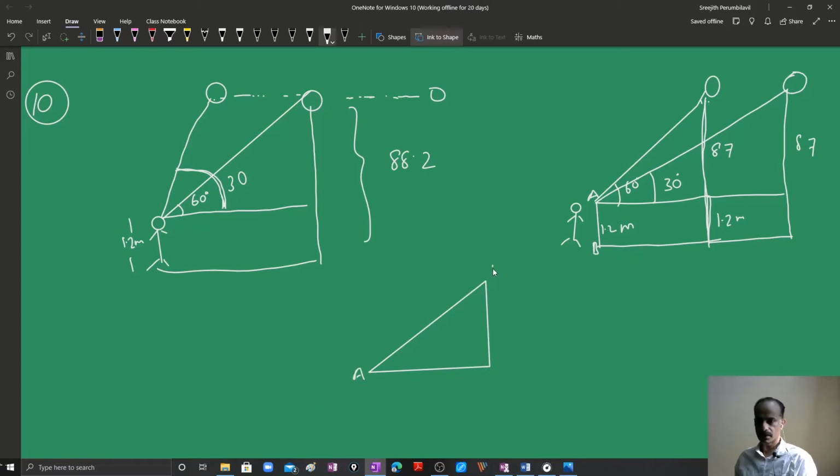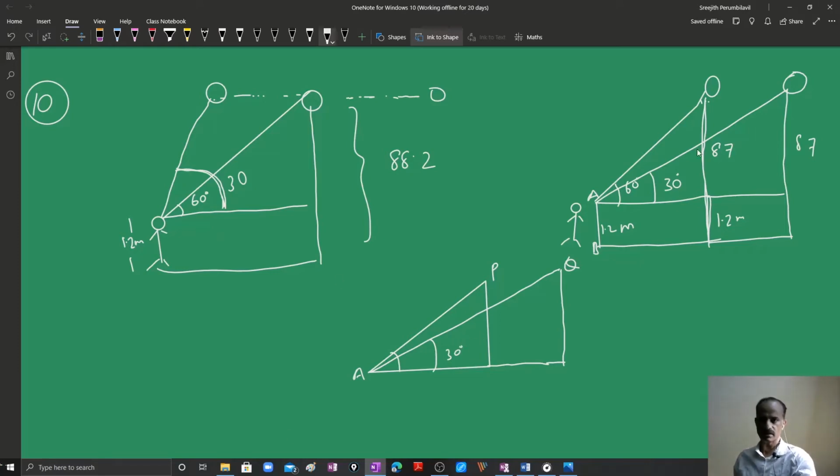P and Q be the position of the balloons. This angle is 60 degree, the other one is 30 degree. The larger one is 60 degree and the smaller one is 30 degree.